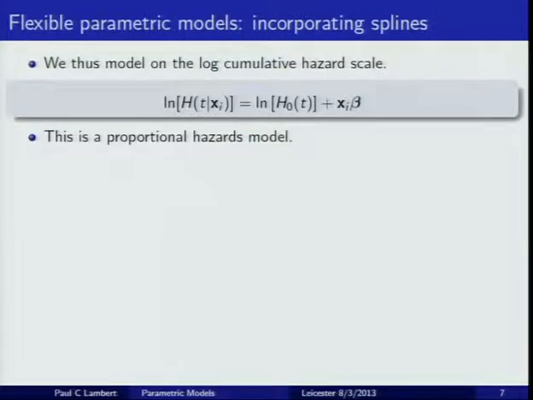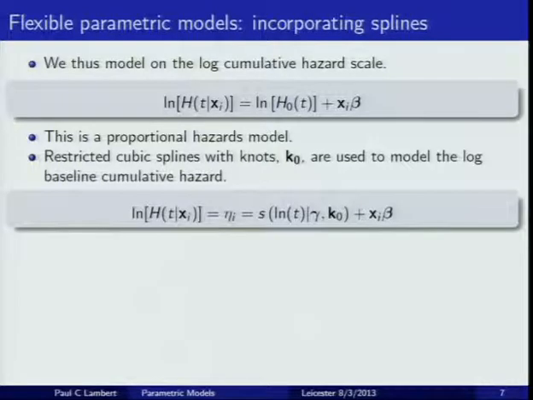So what we're doing is modeling the log baseline cumulative hazard function. And of course, this is still a proportional hazards model, so our betas are still interpreted in terms of log hazard ratios. And so we have this spline function to model this log cumulative hazard function.